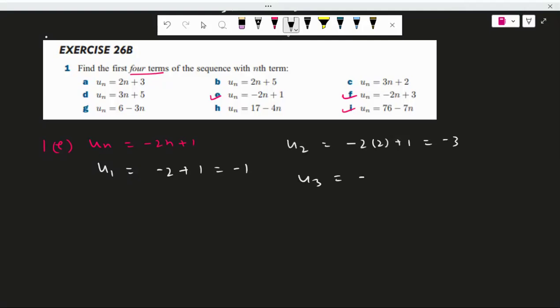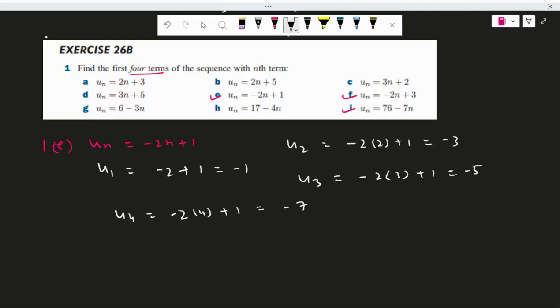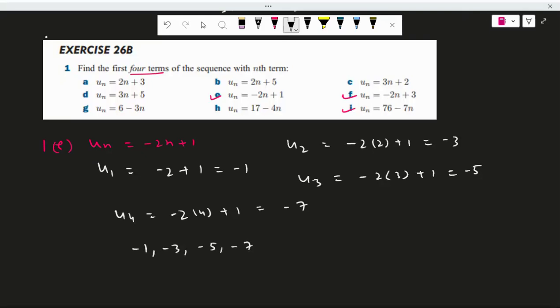U3 will be negative 2 times 3 plus 1, that is negative 5. And U4 will be negative 2 times 4 plus 1, that comes to negative 7. So the 4 terms are negative 1, negative 3, negative 5, and negative 7.